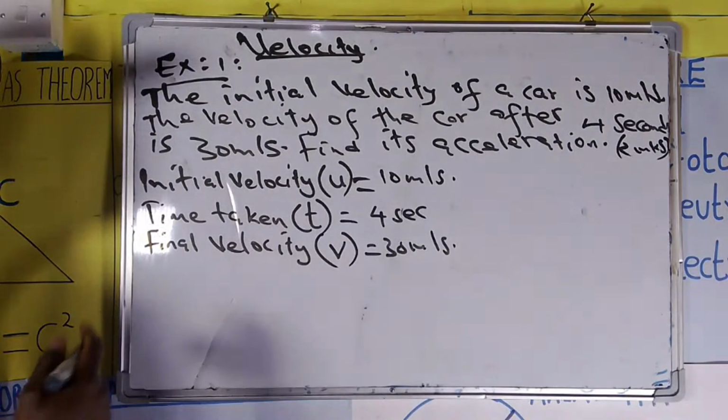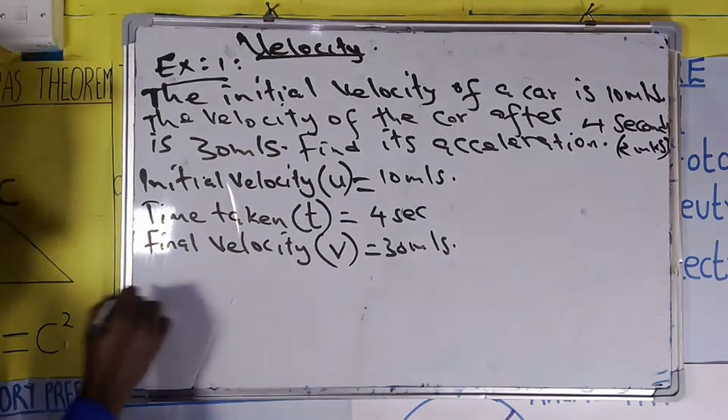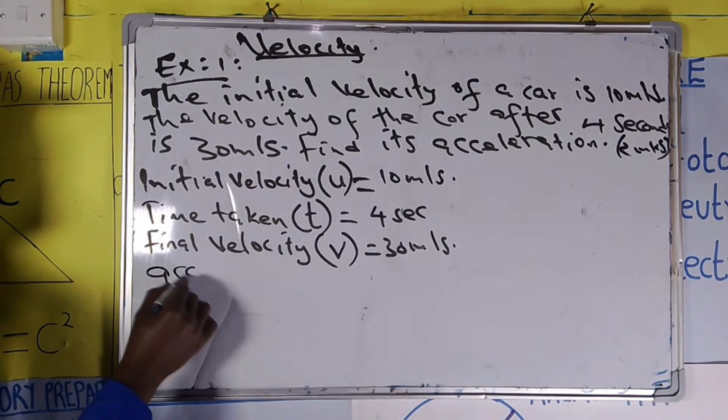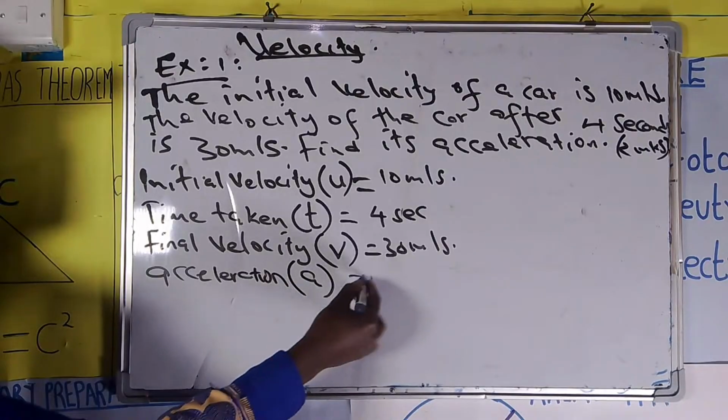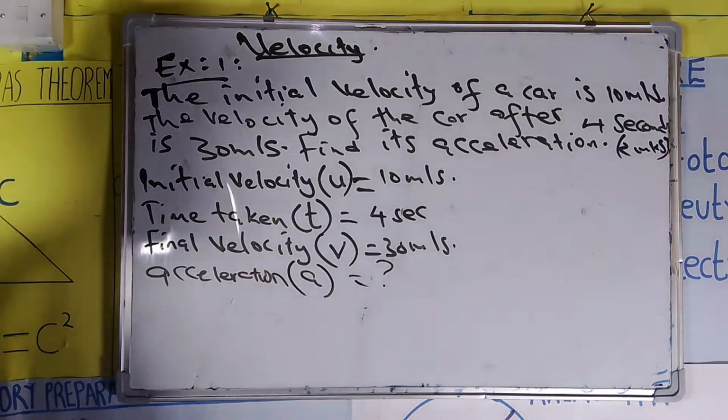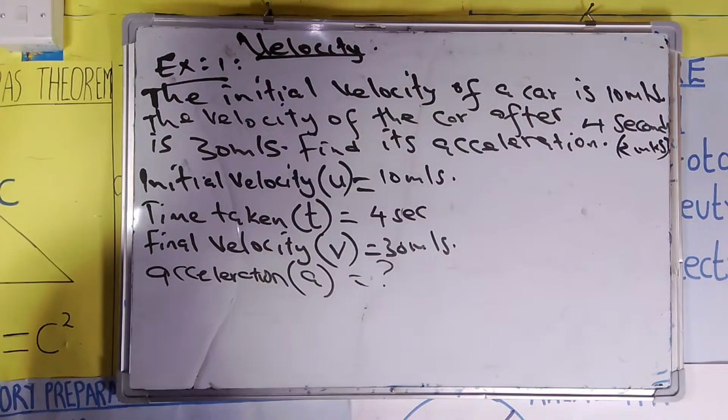So how do we find the acceleration? The symbol for acceleration is a. We don't have acceleration; that is what we are supposed to determine.